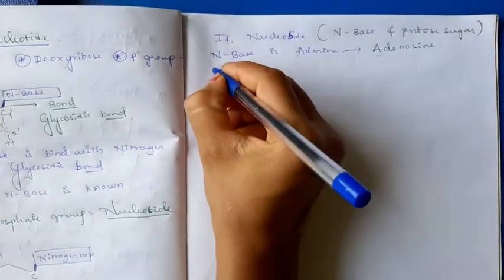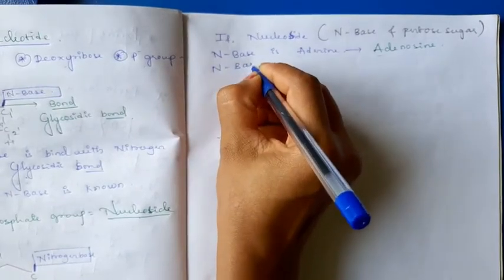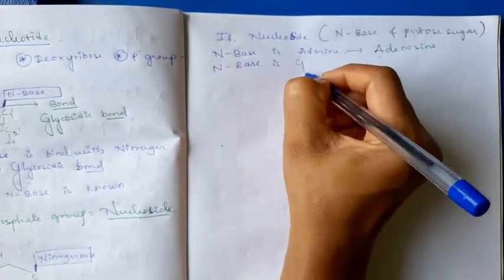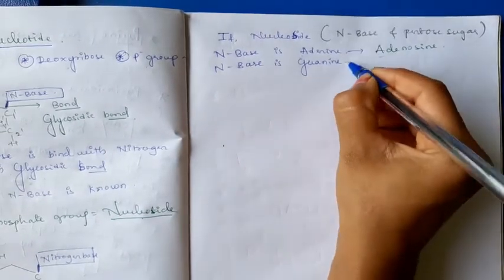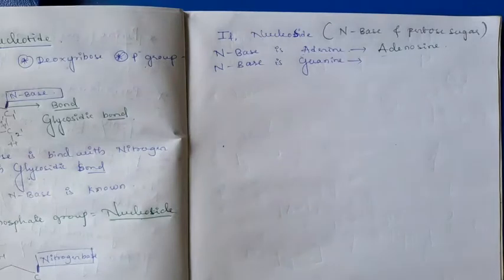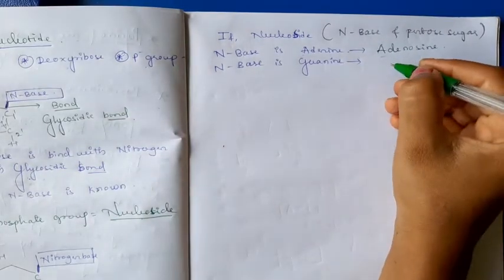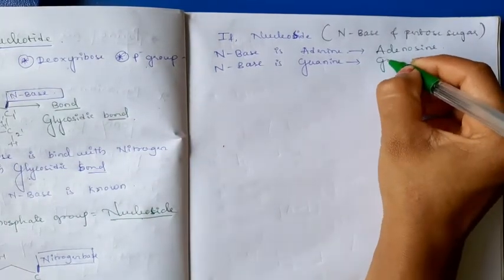If the nitrogen base is guanine, suppose it is guanine instead of adenine, the name for that nucleoside is guanosine.